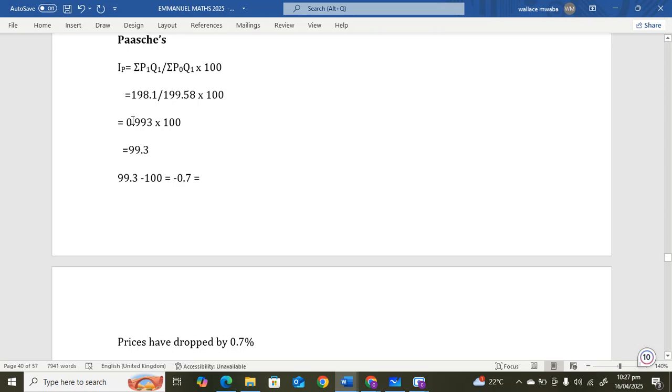If you left it at 0.993 and compared it against the base, which index number is 100, it would be a very wide gap. So this 100, you're putting your final answer as an index number. So this 99.3 is an index number. Once you get your index number, you compare it against the base year's index number to get your percent change.